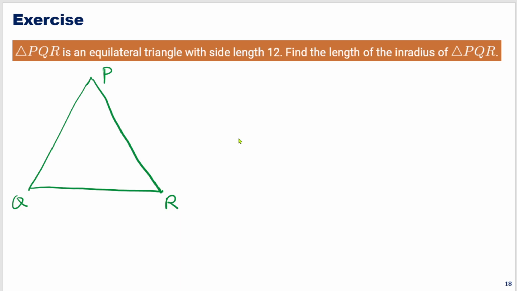Okay, have you finished? Okay, first of all, we need to find the incentre, right? Because it's an equilateral triangle, we can let PL and RN be the angle bisectors of triangle PQR.